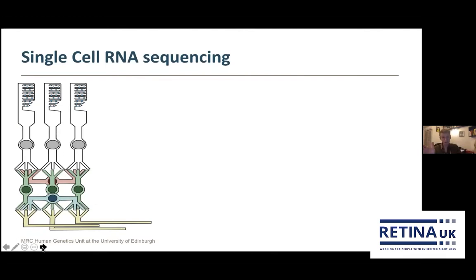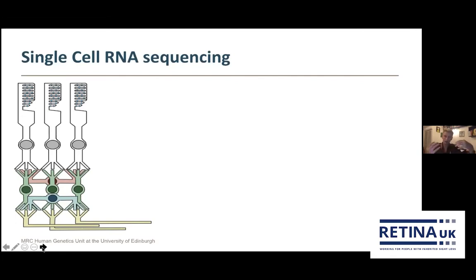And whenever we sequence the genes of people with RP, we can find changes in the sequence, and these changes are disease causing. Now, DNA makes RNA and RNA makes protein, and we can also sequence the RNA in samples.